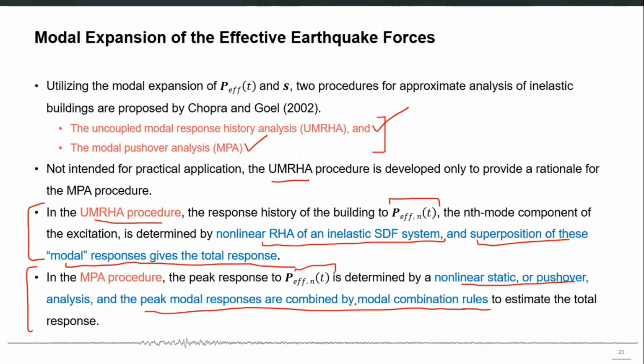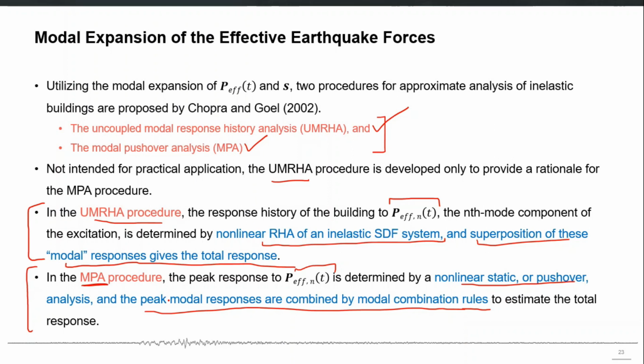So in the modal pushover analysis procedure, we actually perform more than one pushover analysis, one for each mode separately, and then combine the peak responses using a statistical combination rule like square root of the sum of squares or the CQC method.